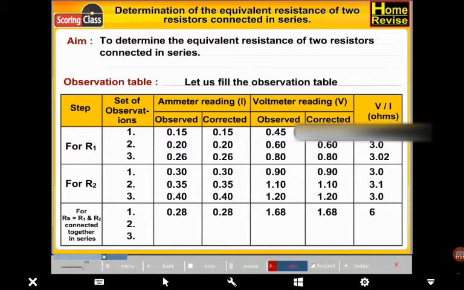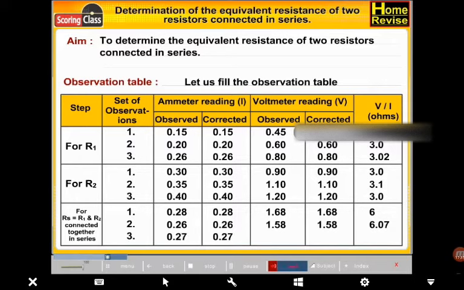It is 6 ohms. For second set of observations, ammeter reading observed 0.26, corrected 0.26. Voltmeter reading observed 1.58, corrected 1.58. It is 6.07 ohms.